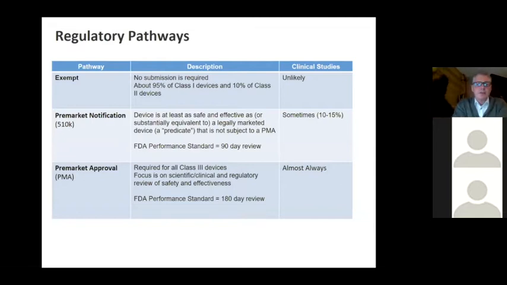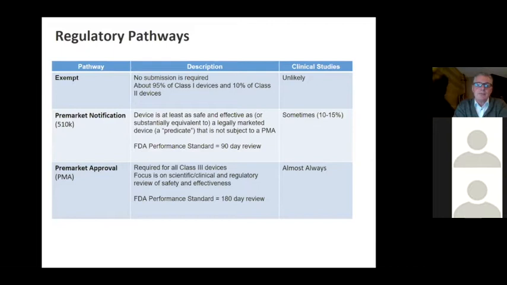For pre-market notification, commonly known as 510Ks, the device has to be shown to be at least as safe and effective as a legally marketed device in the United States that has not been the subject of a pre-market approval. And clinical studies are required probably 10 to 15% of the time. If a pre-market approval is required, you're almost always going to have clinical studies required for that.